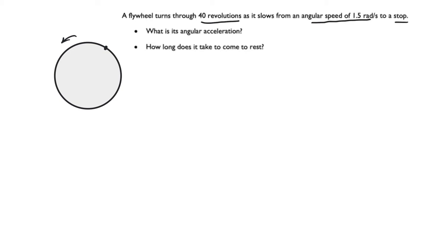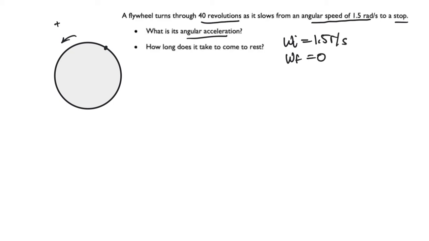So let's write down what we know. We want to figure out the angular acceleration and how long it takes to come to rest. Since I know the angular speed initially is 1.5 radians per second, and it didn't specify what direction it was going in, I'm going to assume it's going counterclockwise and call that positive. Omega initial is equal to 1.5 radians per second.